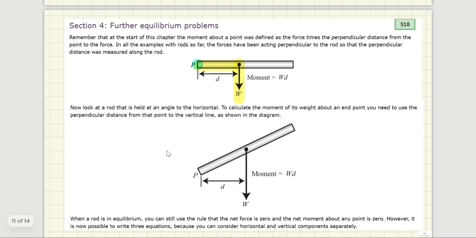So if we're taking moments about this point, we're looking at the line of action of the force, and we're then looking at the perpendicular distance from the pivot point to the line of action of the force. So it's all about that T-shape or L-shape, whatever. I remember doing it with the laminas, you know, that kind of thing. All right.